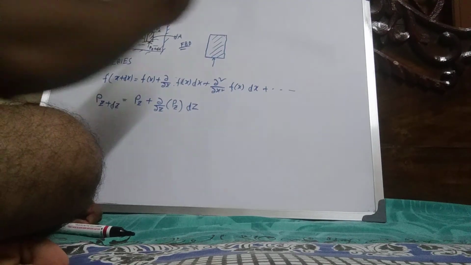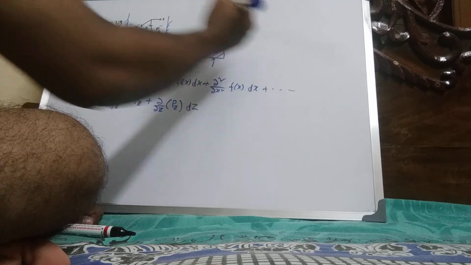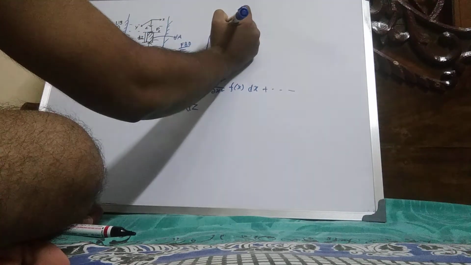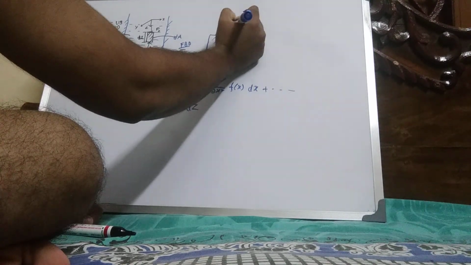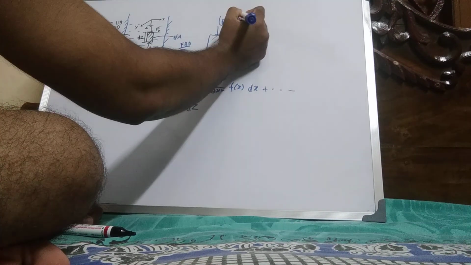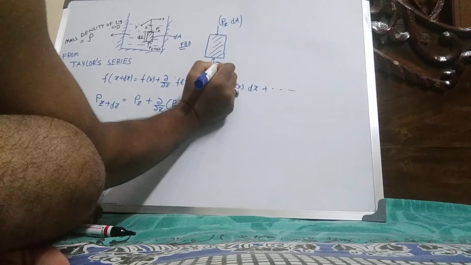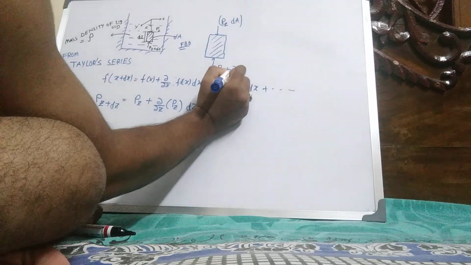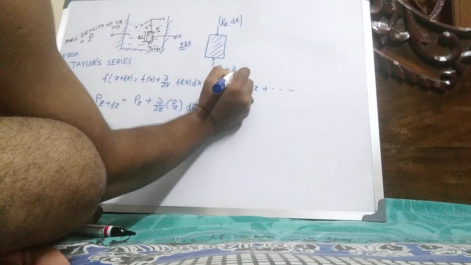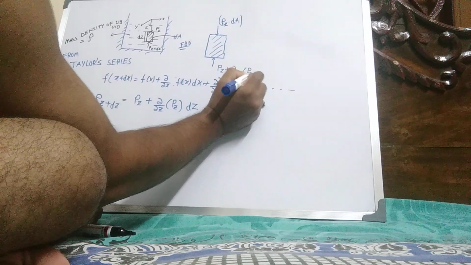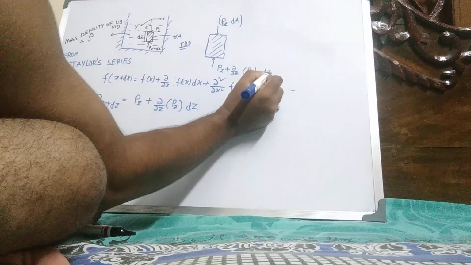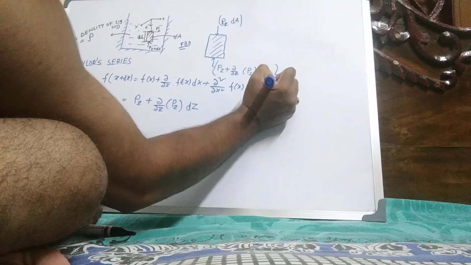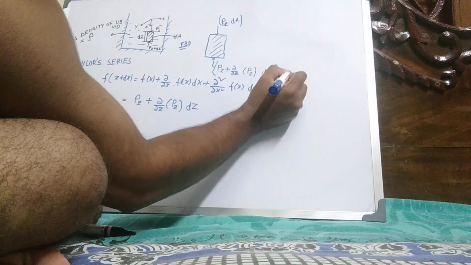So at the upper portion the pressure force is P into dA, and at the lower portion the pressure force is (Pz plus dPz by dz into dz) into dA.